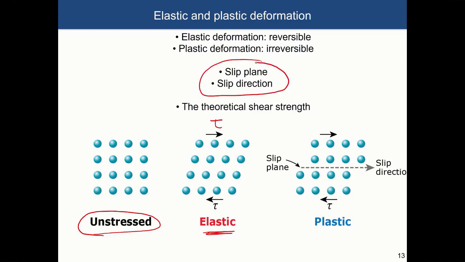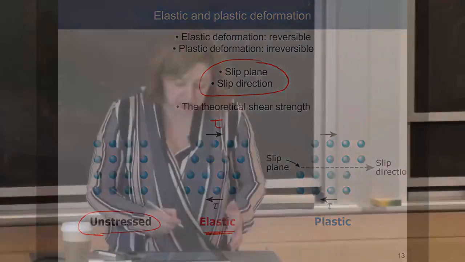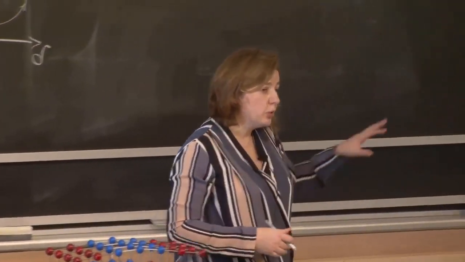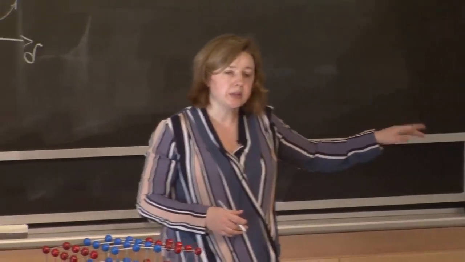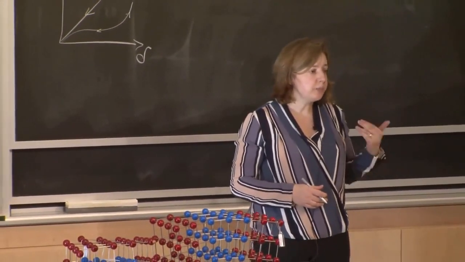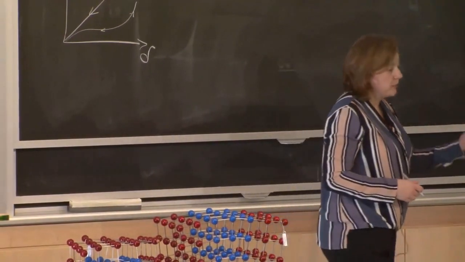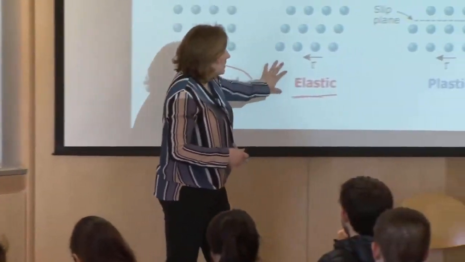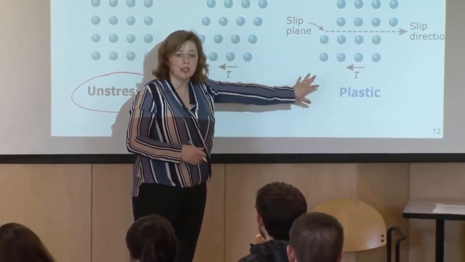So you can calculate the probability that this slip will happen in a certain direction or in a certain plane. First we will try to predict what the shear strength of the material will be. In other words, if you know the configuration of the atoms within the crystal, can you predict when this plastic deformation will happen? When do you transition from something that is elastically deformed to completely permanently and plastically deformed?